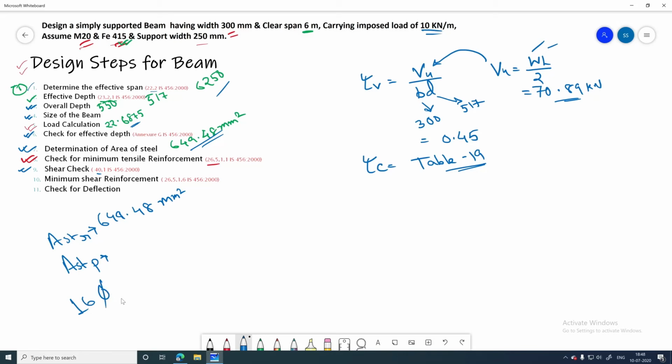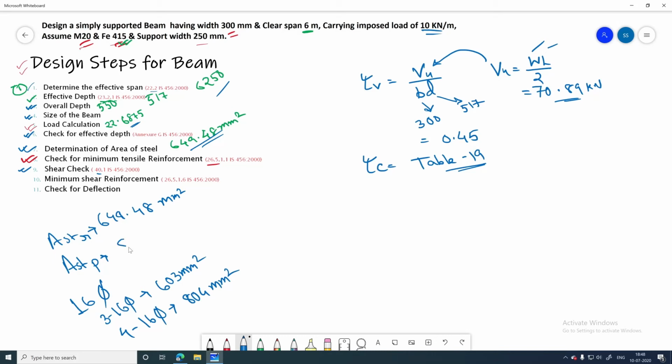If you provide 3 numbers of 16 mm dia bars, the area will be around 603 mm², but it is less than the required, so we need to provide 4 numbers of 16 mm dia bars, and the result will be near about 804 mm².